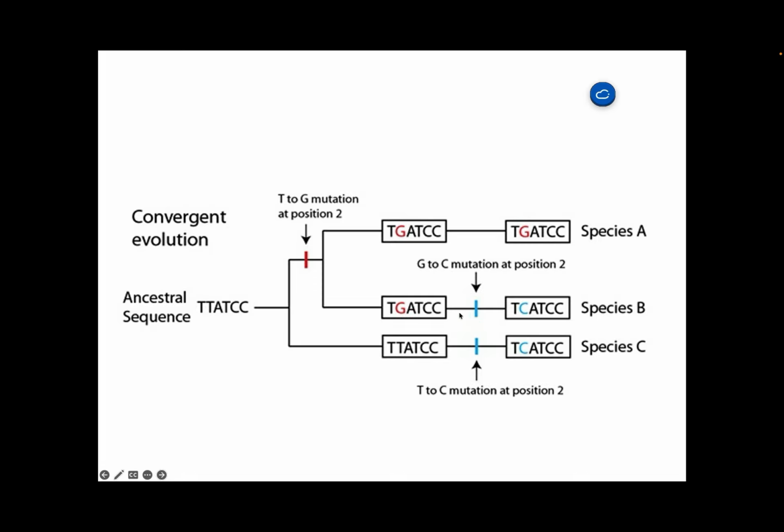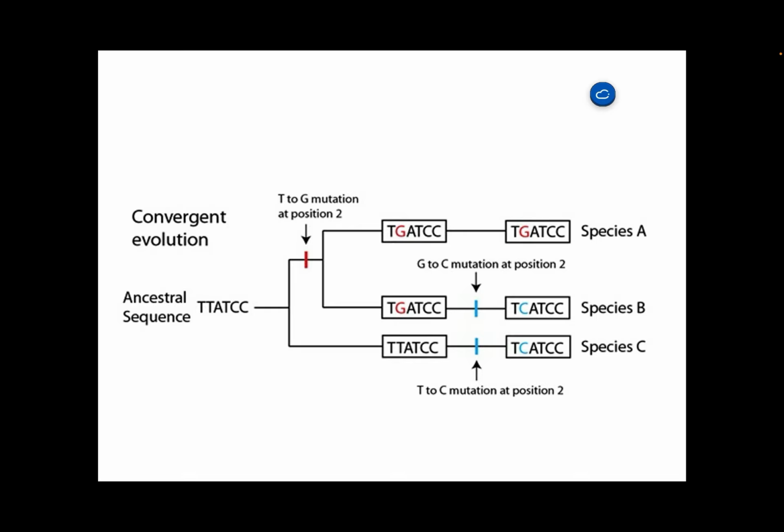So both species B and species C independently change the second base position to a cytosine. Then if we were just looking at DNA sequence similarity, we would probably try and group species B and C together, say that they're sister taxa, but in fact, this similarity between B and C in their DNA sequence actually doesn't reflect recent common ancestry.